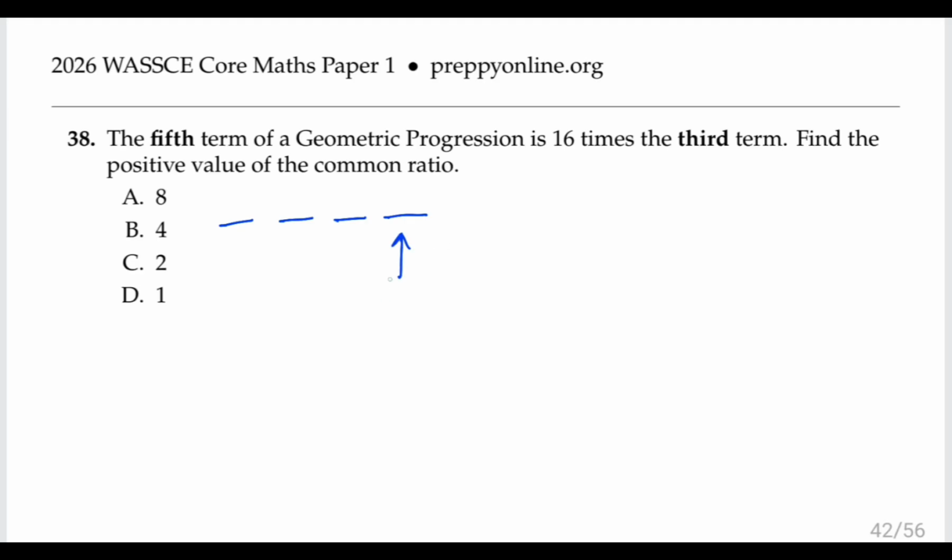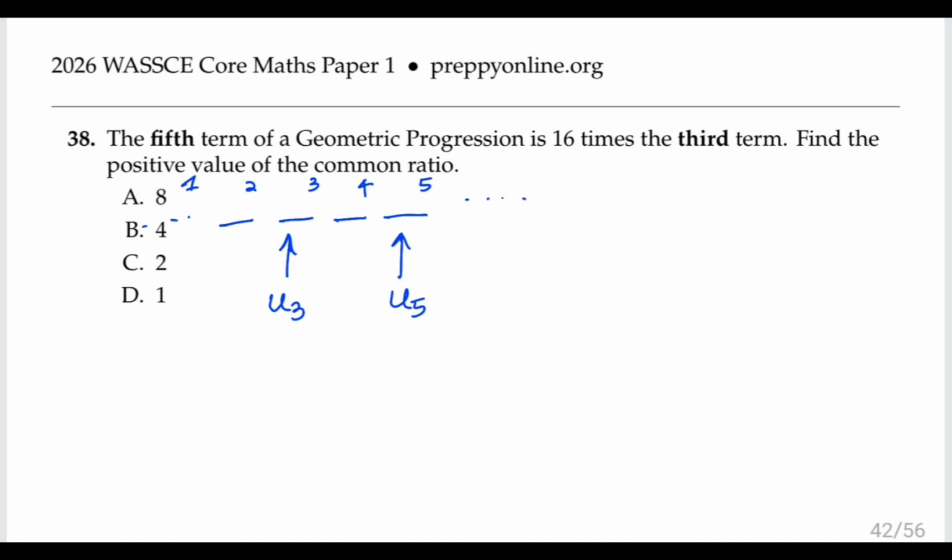Normally we use the notation U5, so Un to represent the nth term. So this fifth term, that'll mean that this is the third term. So you have your fifth term, your fourth term, your third term, your second term, all the way, of course, up to your first term. And then this one also continues.